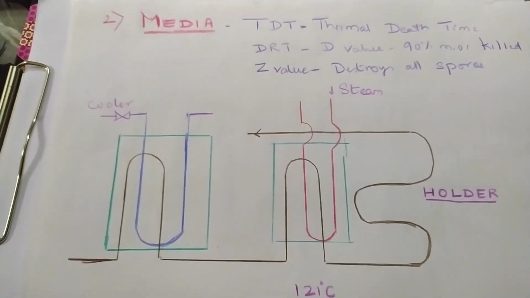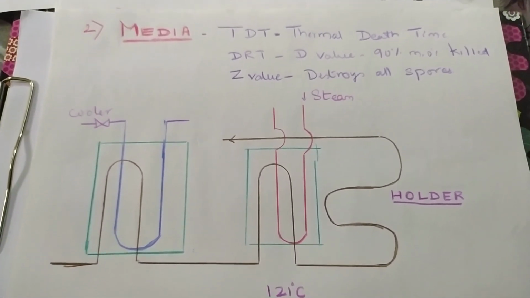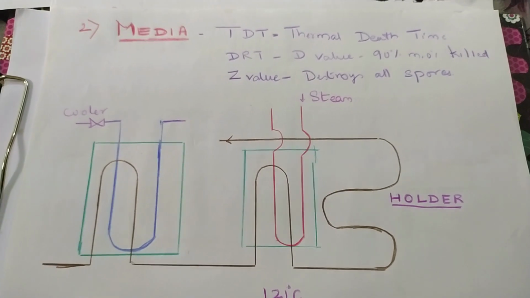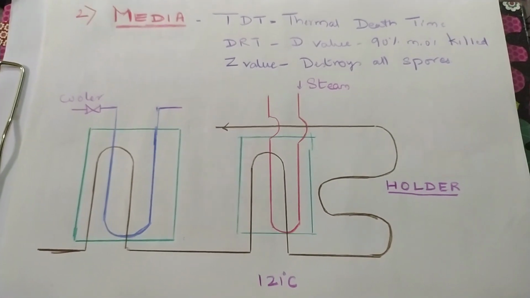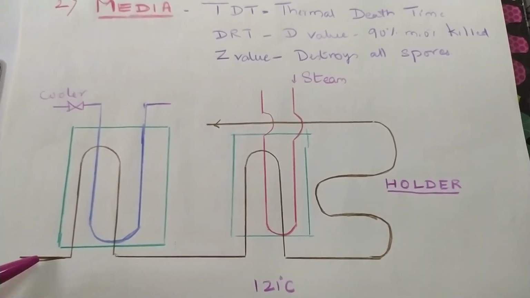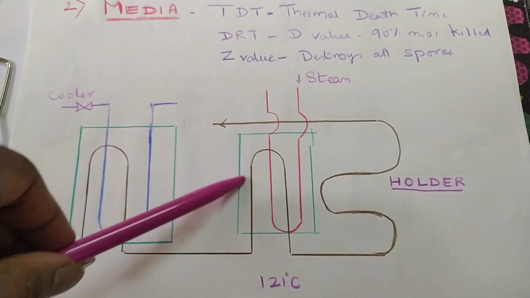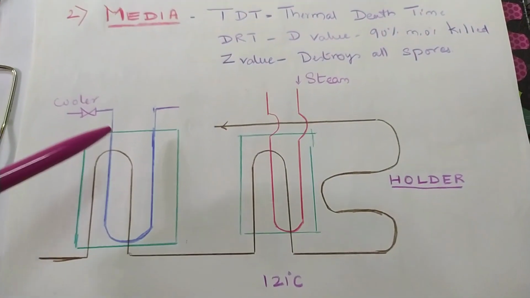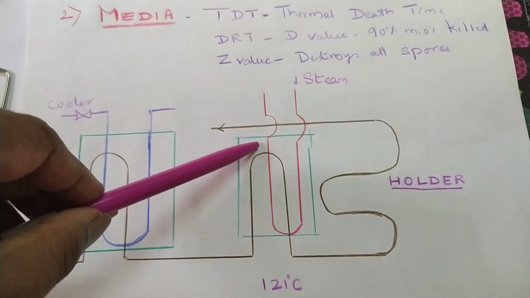The second part of the industry always concentrates on sterilization related to the media. I already explained media sterilization yesterday. Here the brown color indicates the media flow.